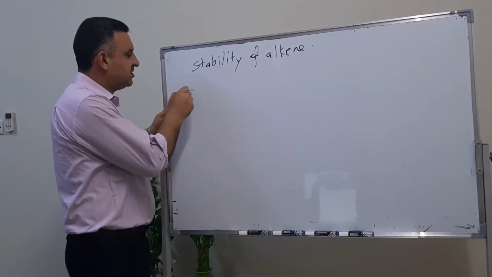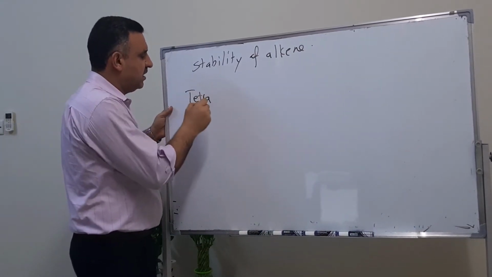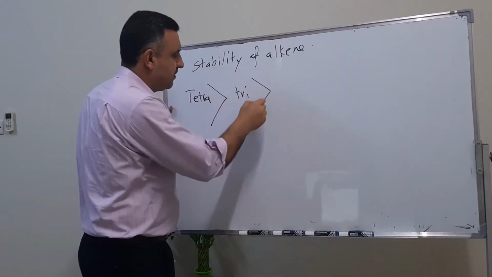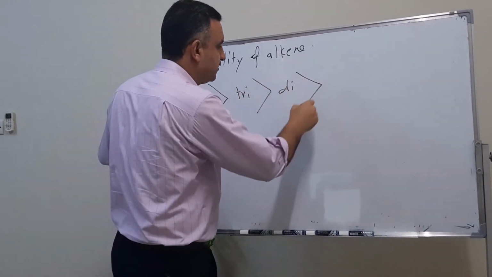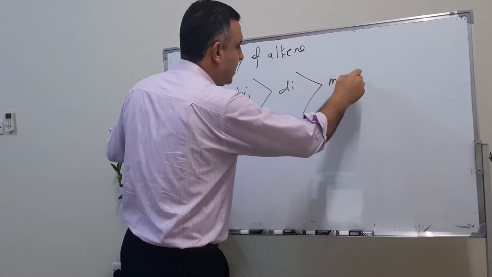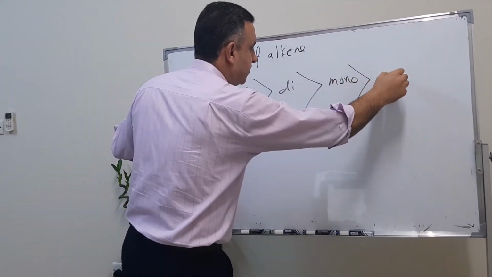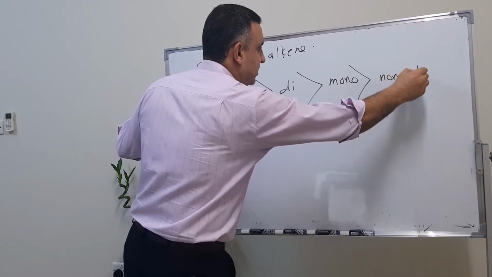Tetra substituted is more stable than tri, which is more stable than di, and di is more stable than mono, and mono is more stable than non-substituted alkenes.